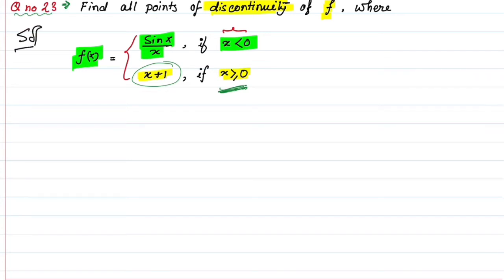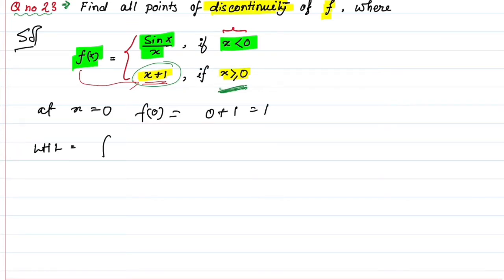So solution. At x is equal to 0, f of 0 will be, for x greater than or equal to 0, f of x is given by x plus 1, so it will be 0 plus 1, that's equal to 1. Now let us take the left hand limit, limit x tends to 0 minus, which represents left hand limit. For left hand limit we have to take the expression for which x is less than 0.